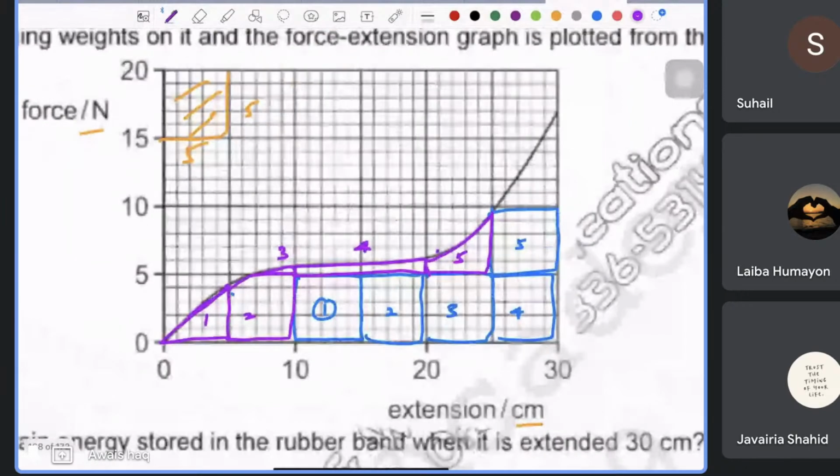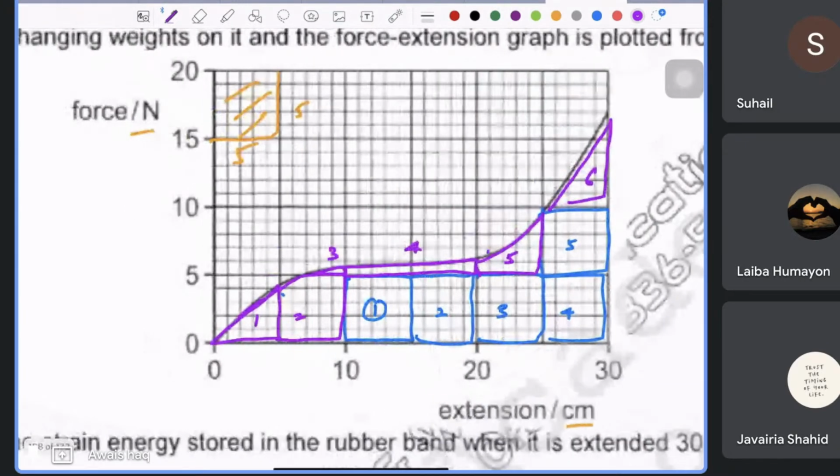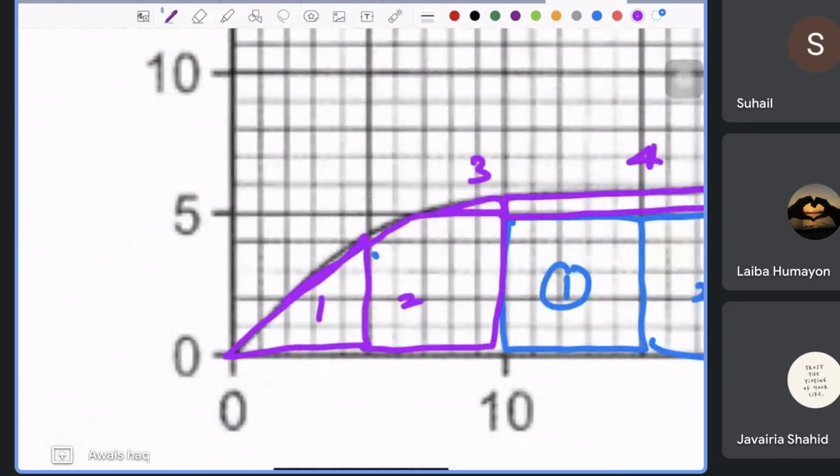And then I'm going to count this portion, this whole thing, as half as well, so I'm going to call it 6. Now, you would think why I have done this as 2, because then 2 and 3 can combine together to form one complete box.